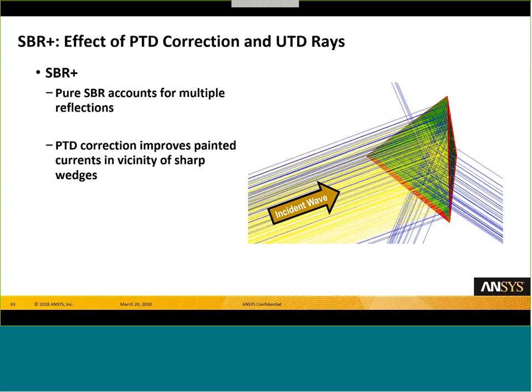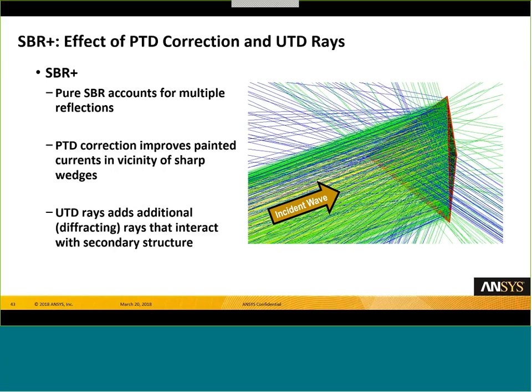And then we can think of the UTD rays that are used. In this case, the UTD rays can be thought of as additional rays that are generated at those same wedges where the PTD correction is made. But these additional rays are basically propagating diffracted energy along the so-called Keller cones.